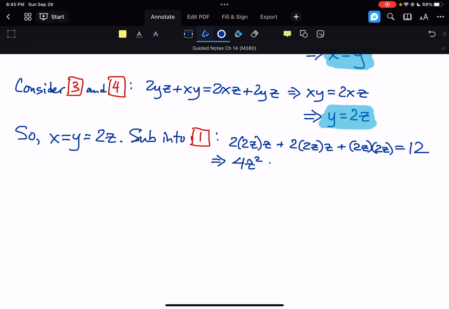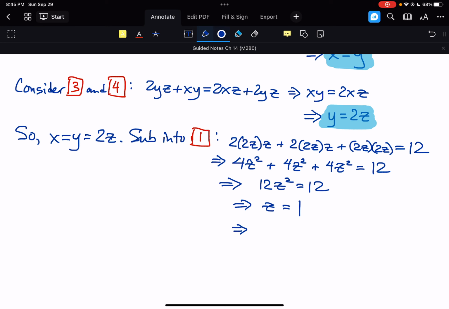So that's 4z squared plus 4z squared plus 4z squared equals 12. 12z squared equals 12, so z equals 1. Theoretically it would be plus or minus 1, but in the context of the side length of a box, we can't have a negative, so it's just positive. Since z is 1 and x and y are 2z, x and y are both 2.